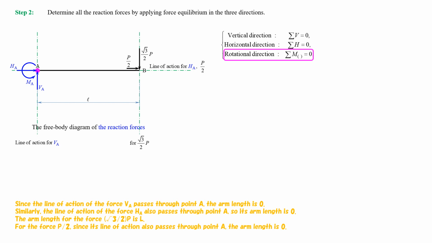Similarly, the line of action of the force HA also passes through point A, so its arm length is 0. The arm length for the square root of 3 divided by 2, multiplied by P, is L. For the 1/2 of P, since its line of action also passes through point A, the arm length is 0.